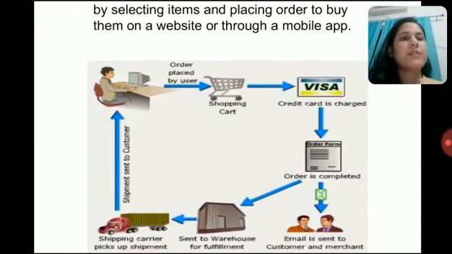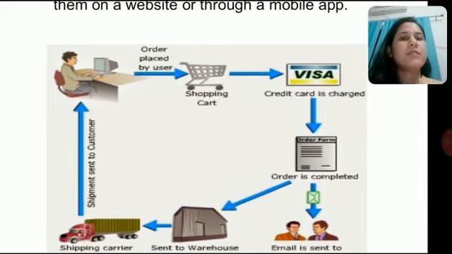Here I have given you an example also. Here first the order is being placed by the user, and there is a shopping cart. What is the shopping cart? All of your selected products will be placed in that shopping cart, from where you will purchase them later.